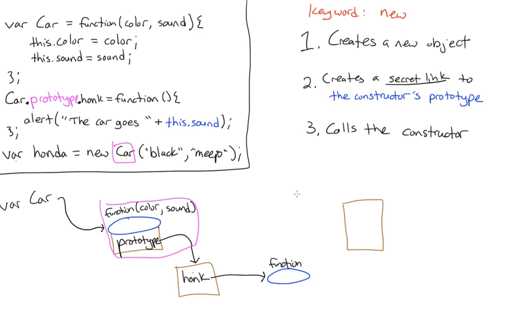So this function is the constructor. However, we don't want the constructor, we want the constructor's prototype. So we find that property called prototype, follow it, and now we know that this object is this constructor's prototype.